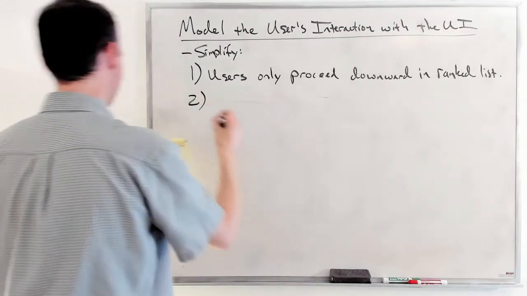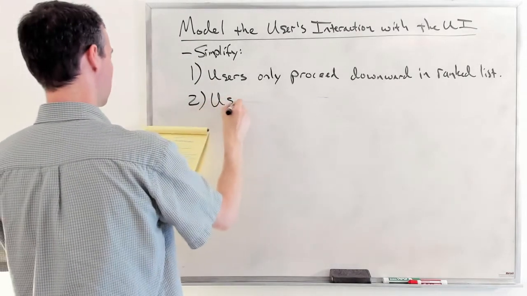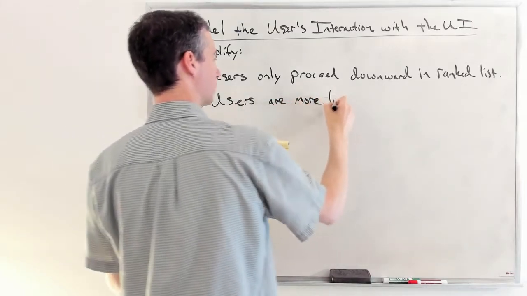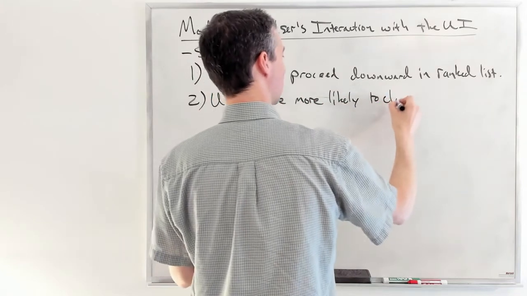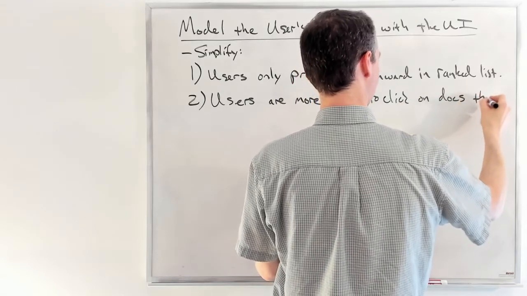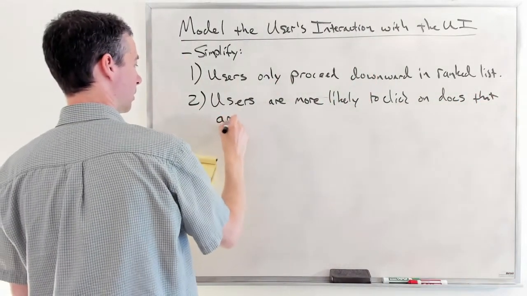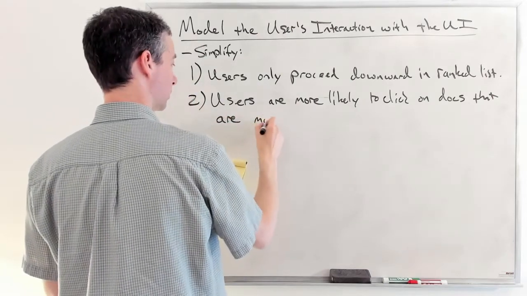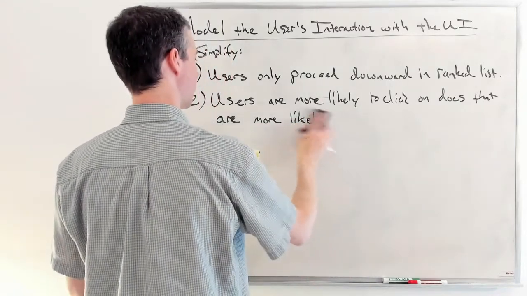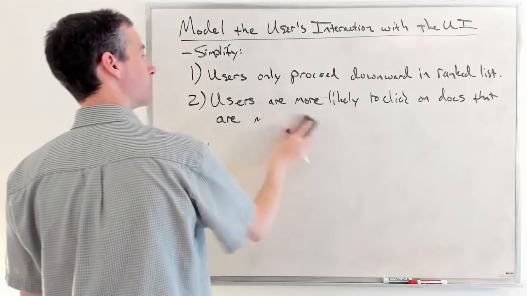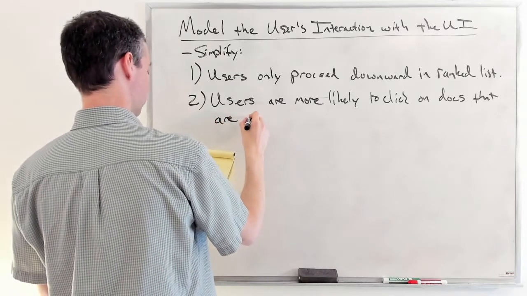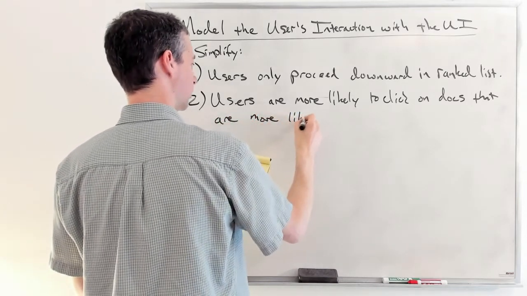All right, next up, users are more likely to click on documents, or this is to click on the summaries for the documents, that are, I'll just say, more likely to be relevant.